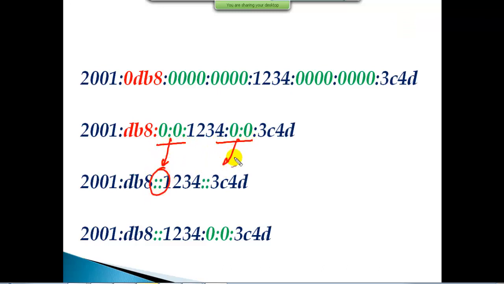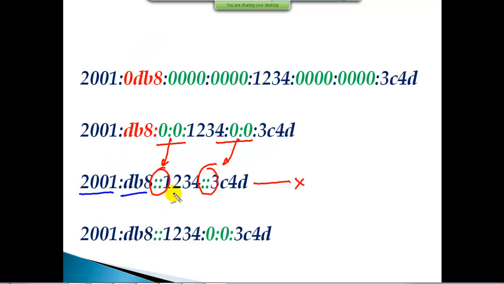Now here also I have a continuous 0 portion, so I'm going to write a double colon. But this statement is wrong, because the double colon is not allowed in more than one place in the same IPv6 address.